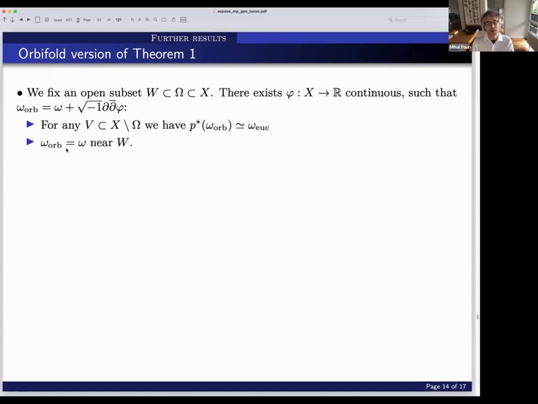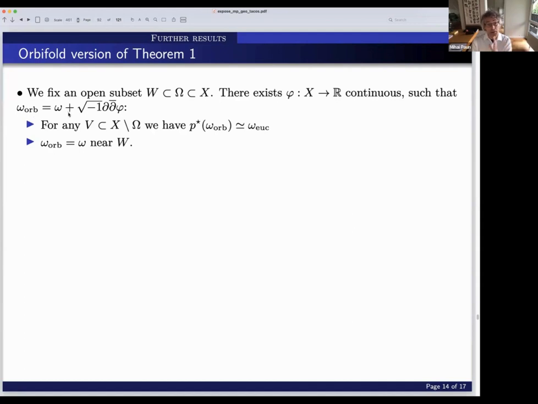But then I also want that if I shrink this Omega a little bit, near W, my metric is the one I fixed at the very beginning. This is also possible. So this omega_orb here, the notation is very misleading.